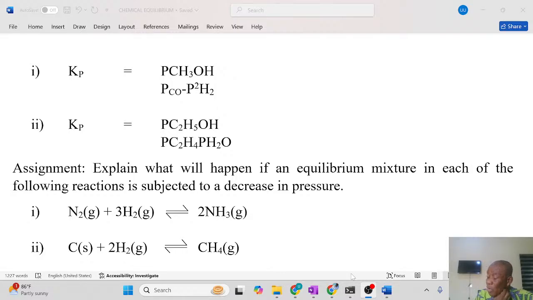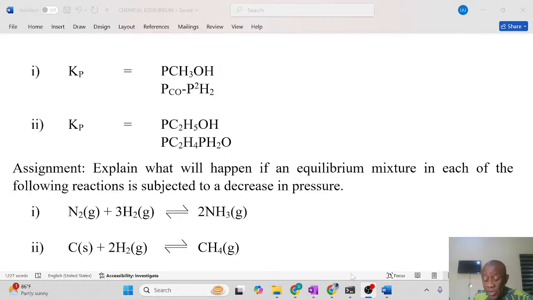Then I try again the assignment. What will happen if an equilibrium mixture of each of the following reactions is subjected to a decrease in pressure? Look at N2 plus 3H2 gas giving us ammonia, NH3, then C solid plus 2H2 giving us CH4 gas.